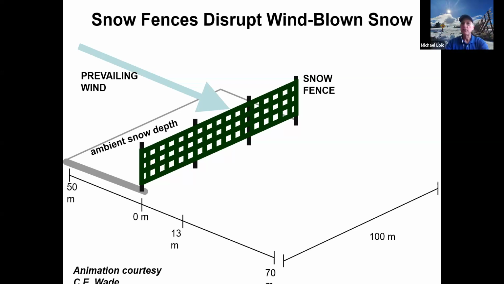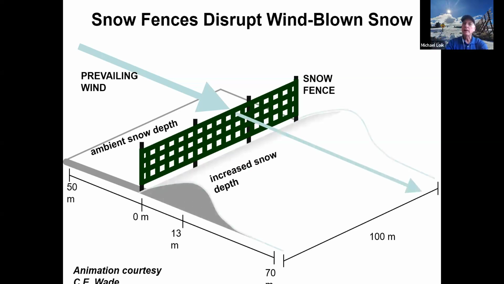That is until they hit the snow fence, and the spaces in the snow fence cause the wind to slow down. The wind becomes turbulent, and it slows up, and the snowflakes drop out of the wind and create an equilibrium drift, which here we've labeled as an increased snow depth location.